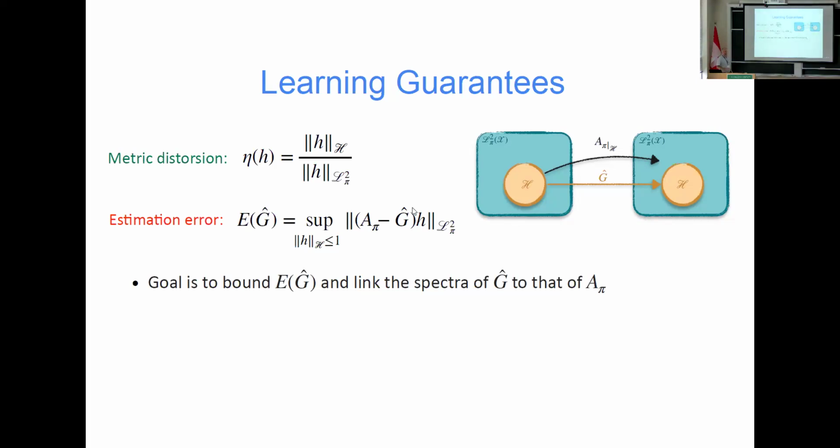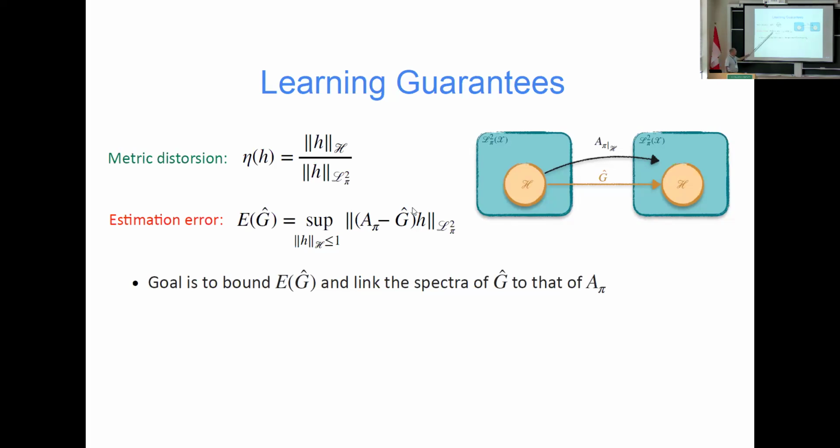So here we need to pay attention to two quantities. The first, since we also care about eigenvalues and eigenfunctions, is what we call the metric distortion. It is the ratio between the norm of a function in my reproducing kernel Hilbert space and its norm in the ambient space L2 pi.